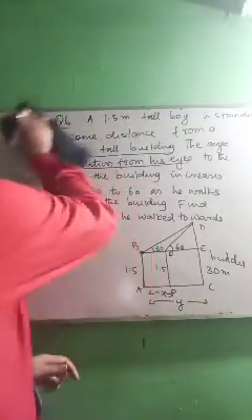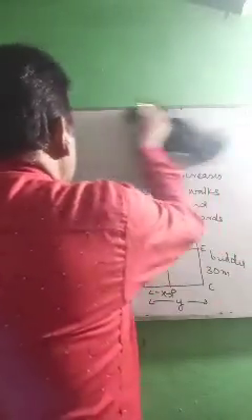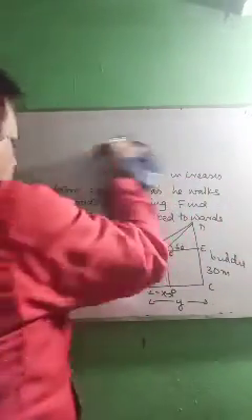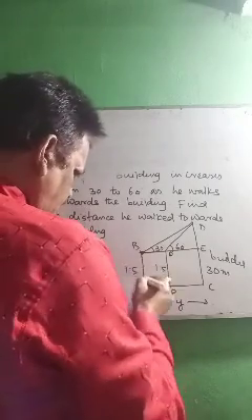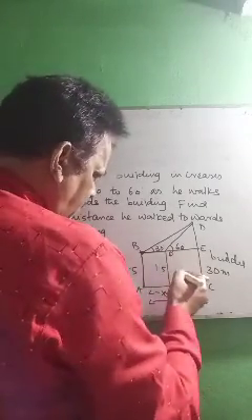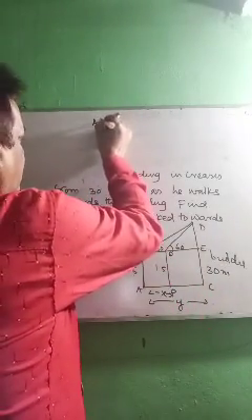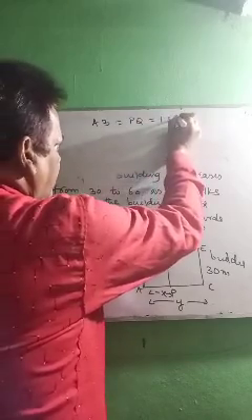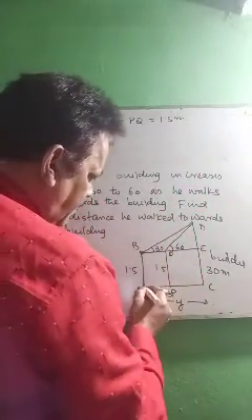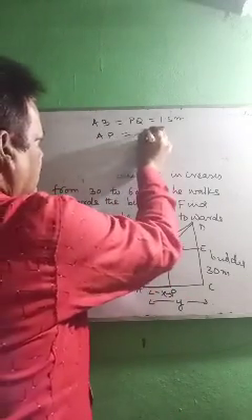Look here. AB and PQ are same. AB equals PQ, that is 1.5 meter. AP he is walking. Suppose AP equals X.